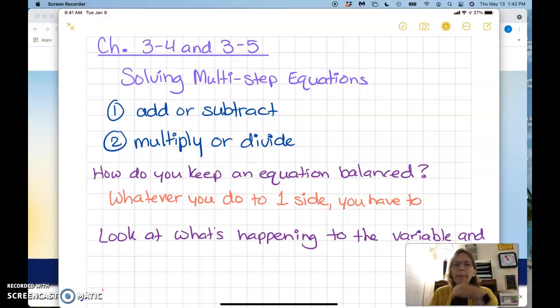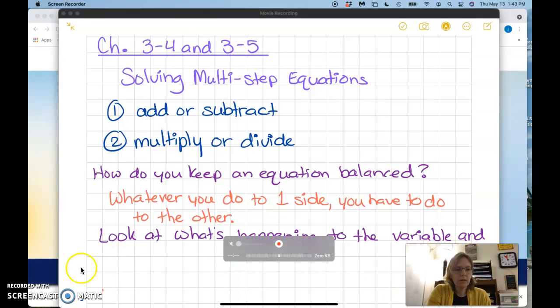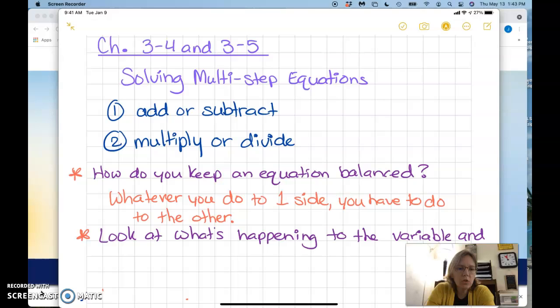And when I say the other, I mean the other side of the equal sign. And then the other fact, okay, so these are just 2 facts, the things that I starred. So the first one, how do you keep an equation balanced? Whatever you do to one side, you have to do to the other. And then the second thing, look at what's happening to the variable and do what? Yes, good. Do the opposite.